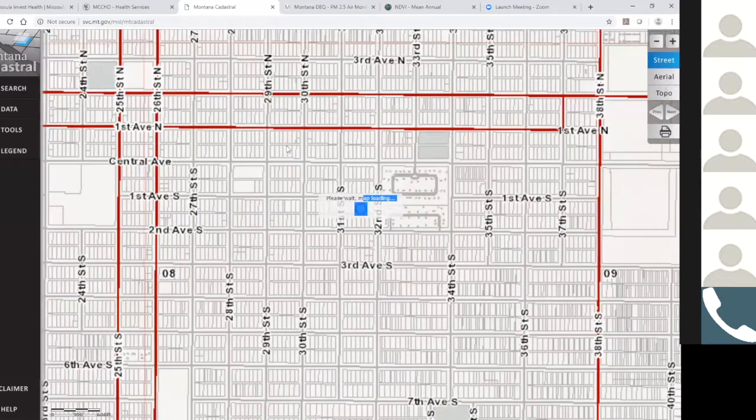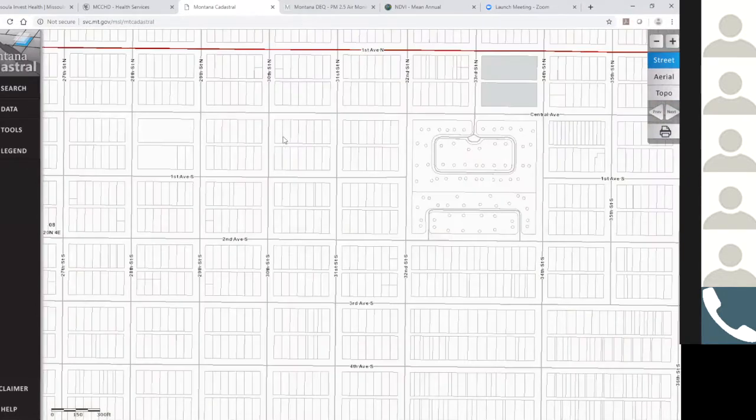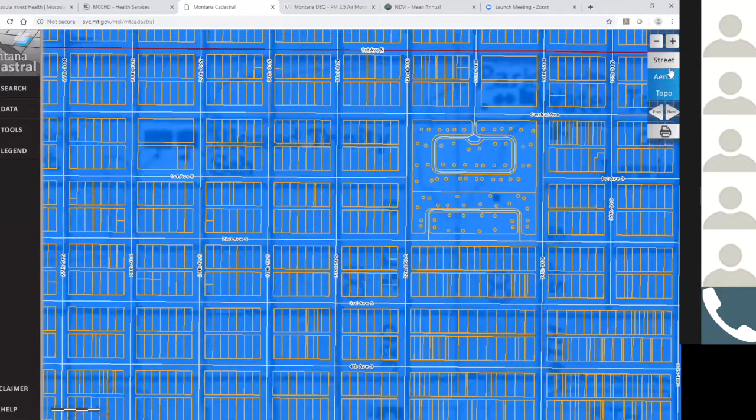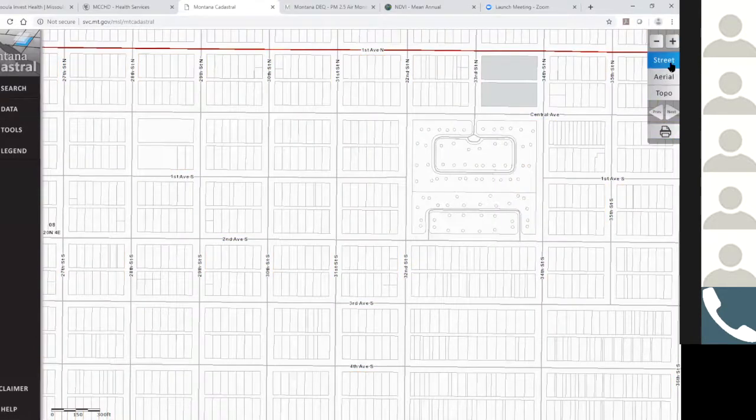Okay, pretty far. So you can select, over here on the right-hand legend, you could click on the aerial map if you want, if that's easier to help you locate certain things, or the topo map. But to keep it simple, let's just go with this grid layout.